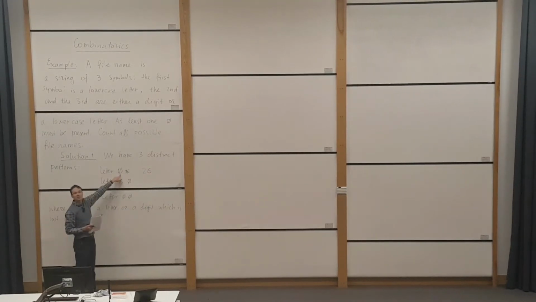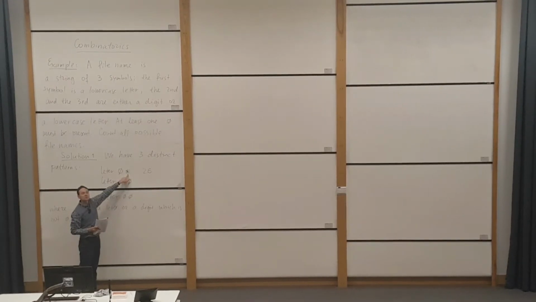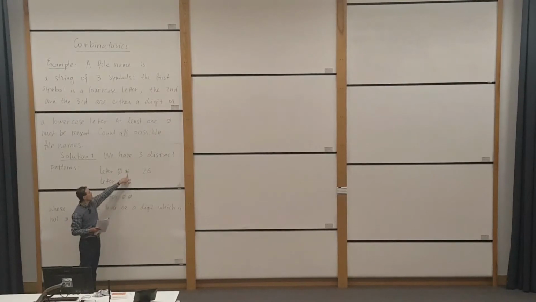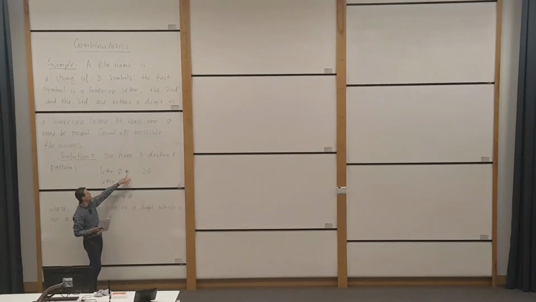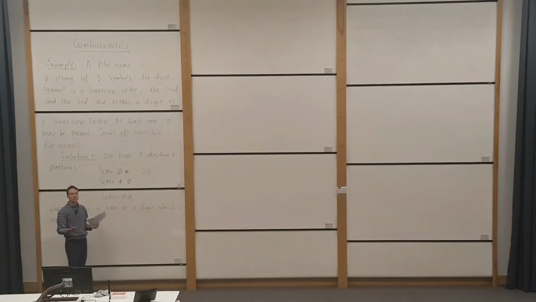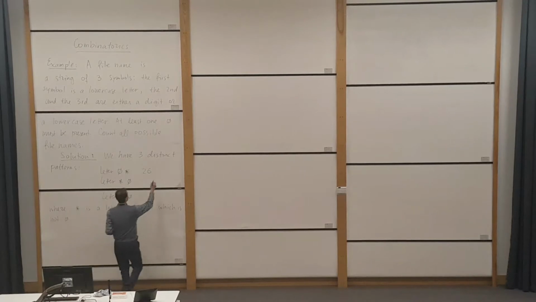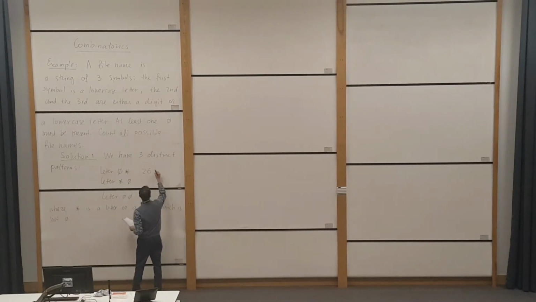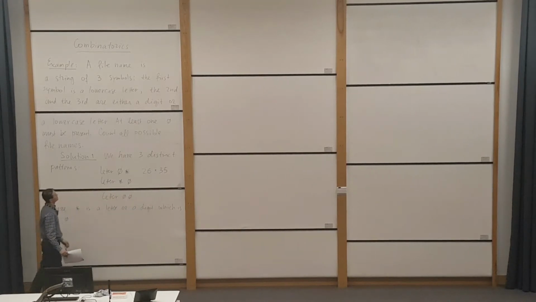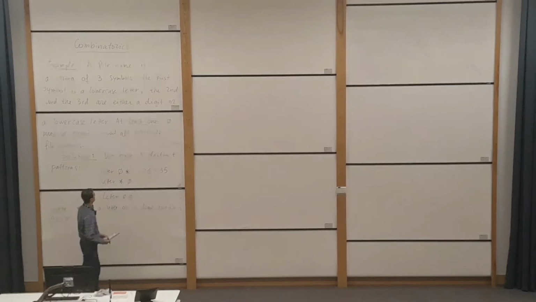The second position is fixed for the first type, it's 0, and then we have 9 possible digits from 1 through 9, or 26 letters to fill the star. So that's 26 plus 9, that's 35. Right, so we have 35 choices for the star here, and we multiply them through to get the total number of file names of this type.